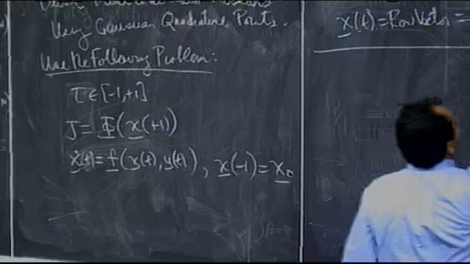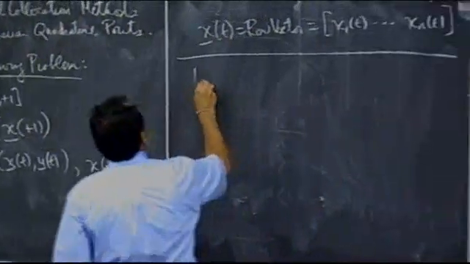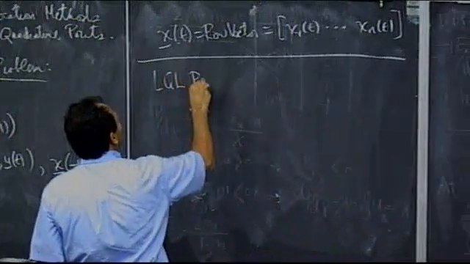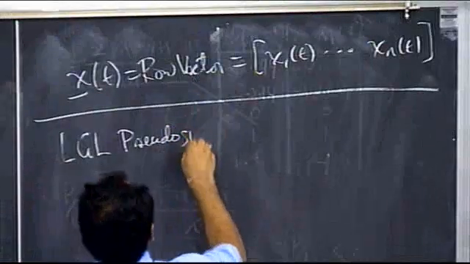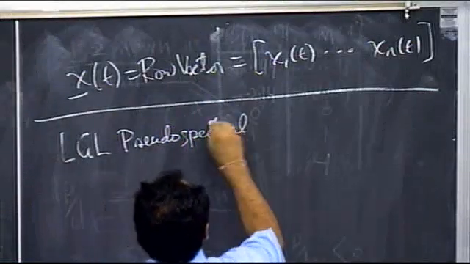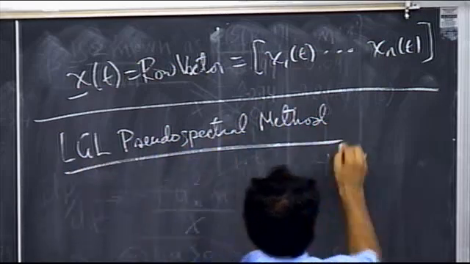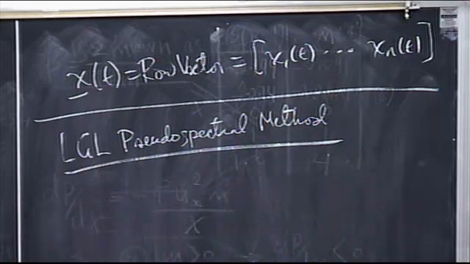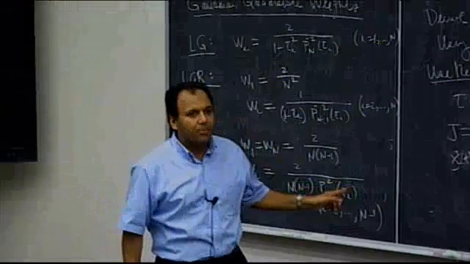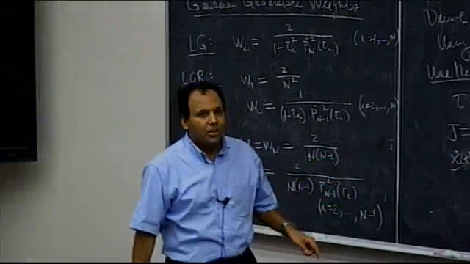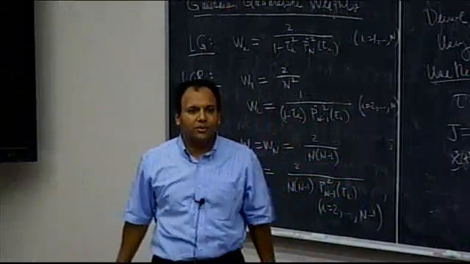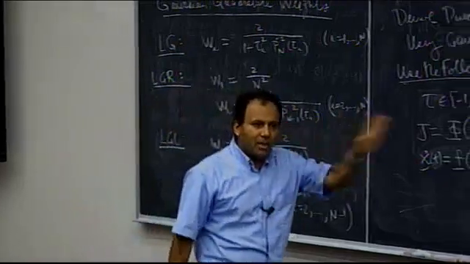All right. LGL pseudospectral method. Now, there's one rule. This is the rule. When you approximate the state, because we're going to do a state approximation by collocation, you must use all of the quadrature points. You cannot omit any of them.